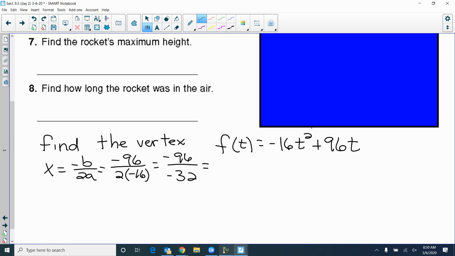All right, and then, so you get positive 3. And now plug in 3. So f of 3 equals negative 16 times 3 squared, plus 96 times 3.